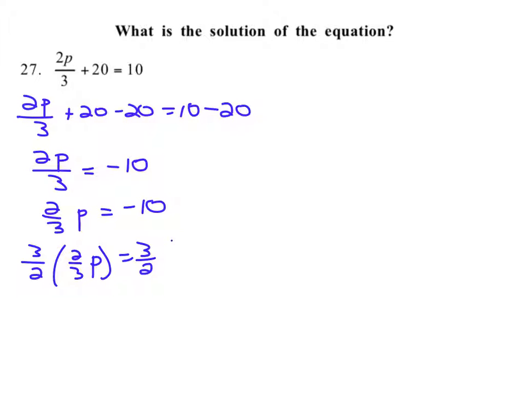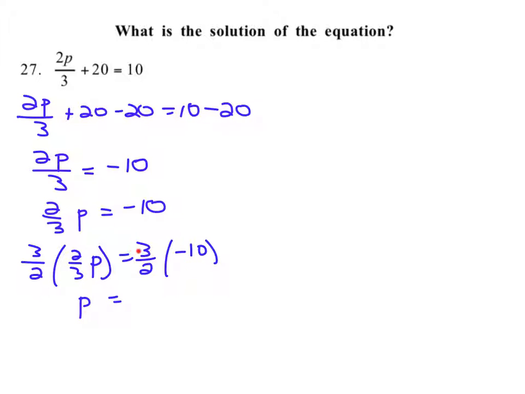We're multiplying by 3/2, so we write 3/2, and then everything that's on that side goes in parentheses. Now, if you multiplied straight across here, you'd get 6p over 6, or 1p, so we just say that's p. And here, if we multiplied straight across, we get 3 times negative 10. Remember, that's over 1, but we don't write it.